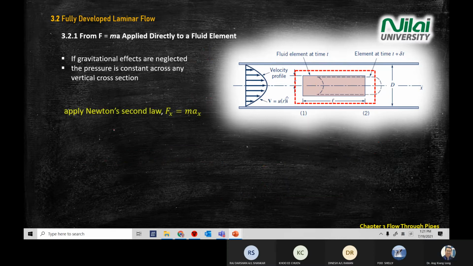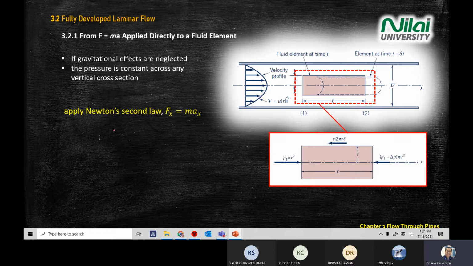All right. F equal to ma, Newton's second law. I pull the red box into a separate area here. If you look at this box, it represents the fluid inside our control volume. On the left-hand side, point 1, you have pressure times area.